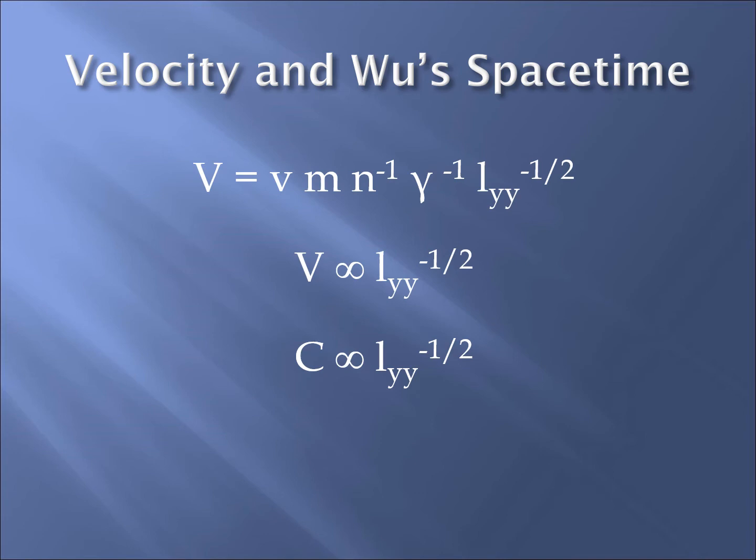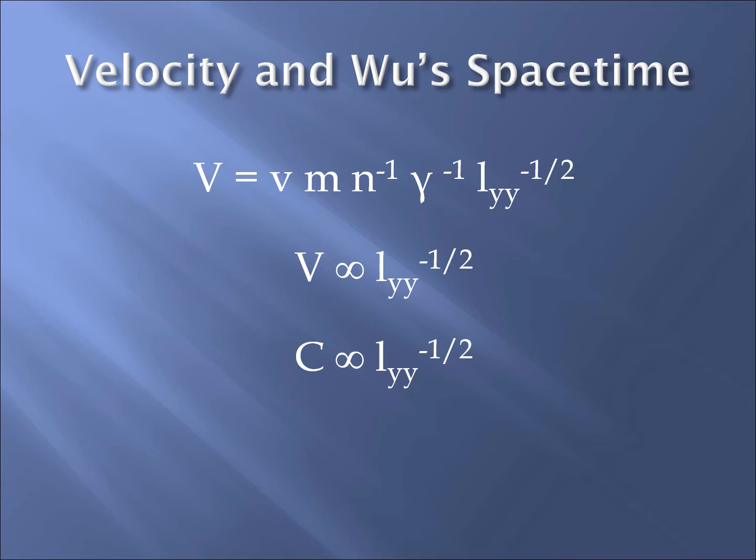Because capital V equals small v, m n^(-1), gamma^(-1), LYY^(-1/2), where capital V is the velocity, small v is the amount of normal unit velocity, gamma is Wood's spacetime constant, m is the constant of the normal unit length, n is the constant of the normal unit time, and LYY is Wood's unit length.